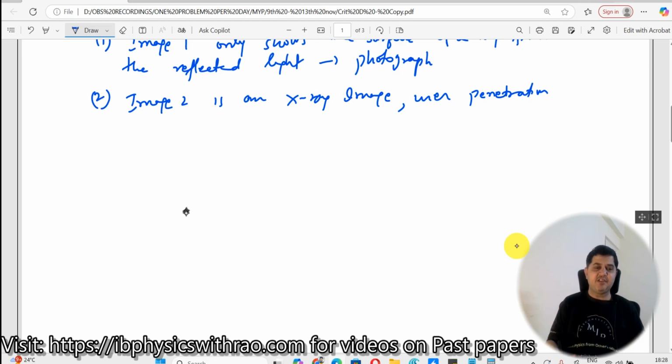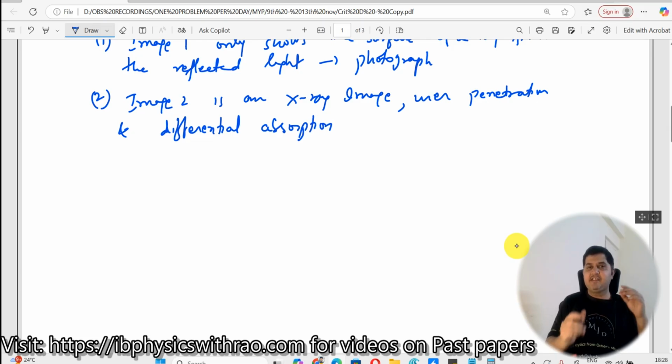It uses penetration and absorption. Say differential absorption. Which means what? When the X-rays penetrate the skin, they pass through all the soft tissues, but get absorbed by the bones inside. But the visible light, what happens? It is not like that. It doesn't get penetrated, but instead it directly gets reflected back. So that's the second mark that you can say.